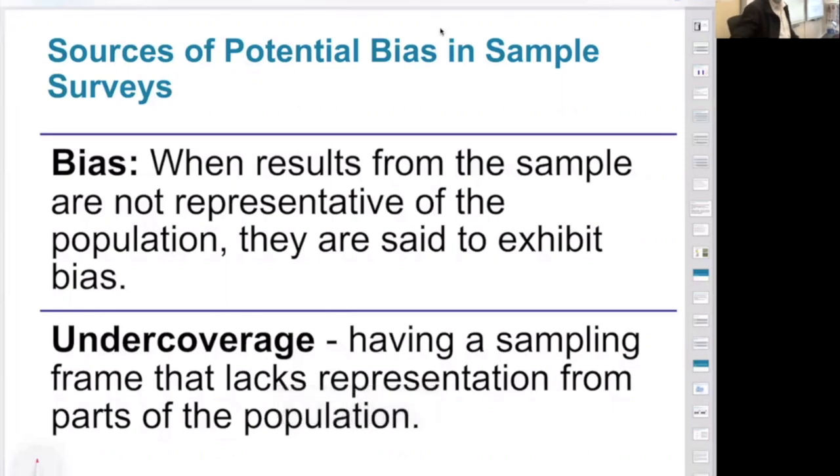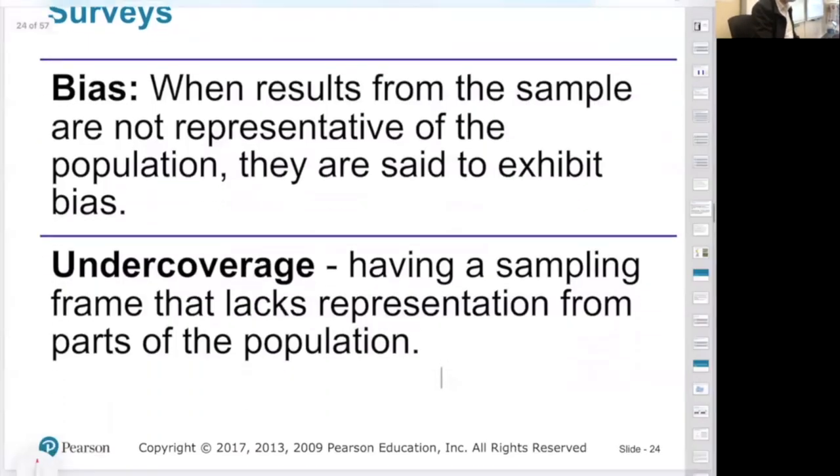The undercoverage means you don't take your subjects from the entire population. You just missed some groups or a part of a place or something like that. So you have this problem with the sample surveys as you can see.